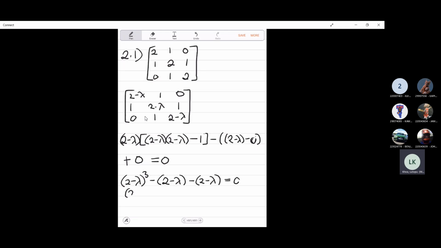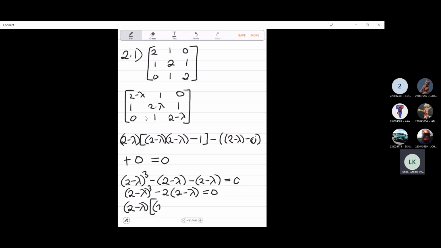Okay, so this is 2 minus lambda to the power of 3 minus 2 minus lambda is equal to 0. Then you can factor out 2 minus lambda.